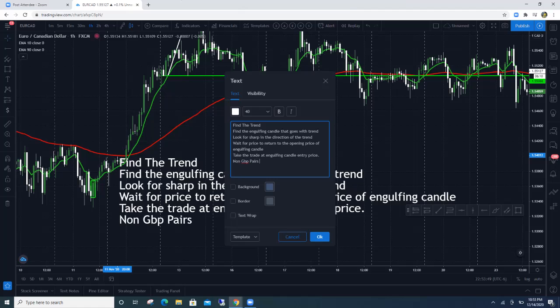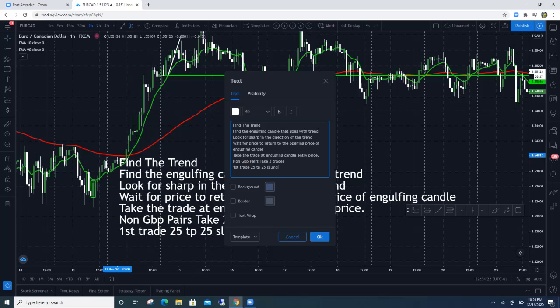this is what you're going to do as far as risk management. You're going to take two trades, like twin trades. Basically you place the same trade twice. The first trade has a 25 pip take profit and 25 pip stop loss.